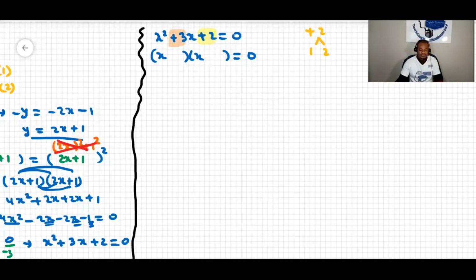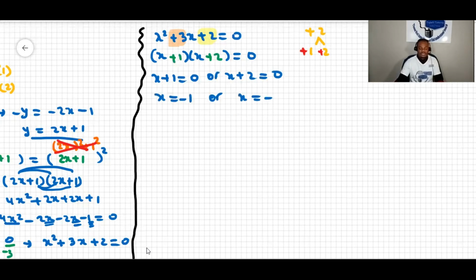We can see this is possible with positive 1 and positive 2, and of course positive 1 times positive 2 makes positive 2. So we can put in the brackets positive 1 and positive 2. Then we have x plus 1 equal to 0 or x plus 2 equal to 0. So x is equal to negative 1 or x is equal to negative 2.